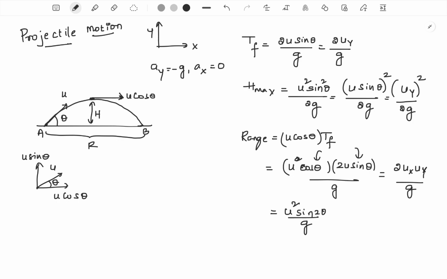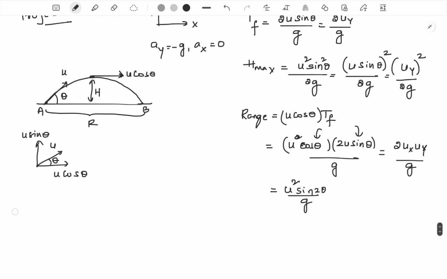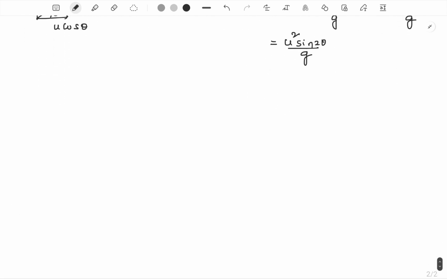Now let's discuss a few points based on which they can basically frame a question. Okay. So first thing regarding the range. Range is given by u square sine 2 theta by g.